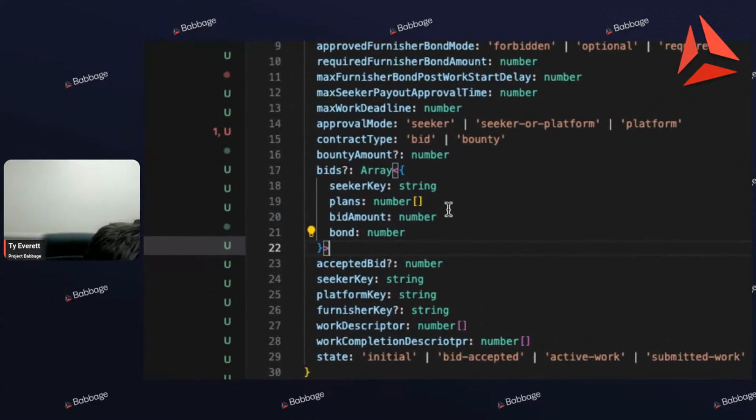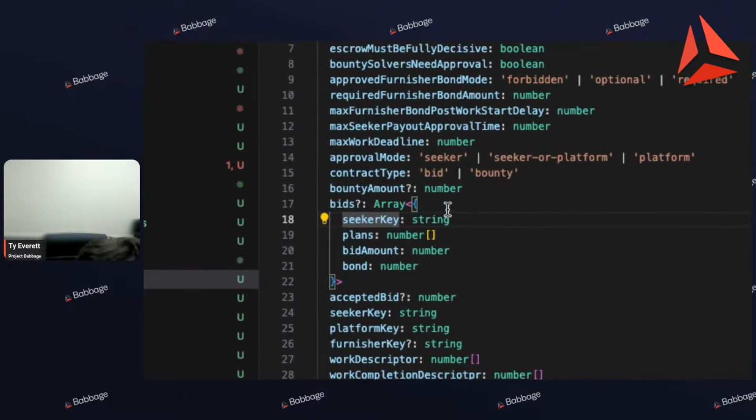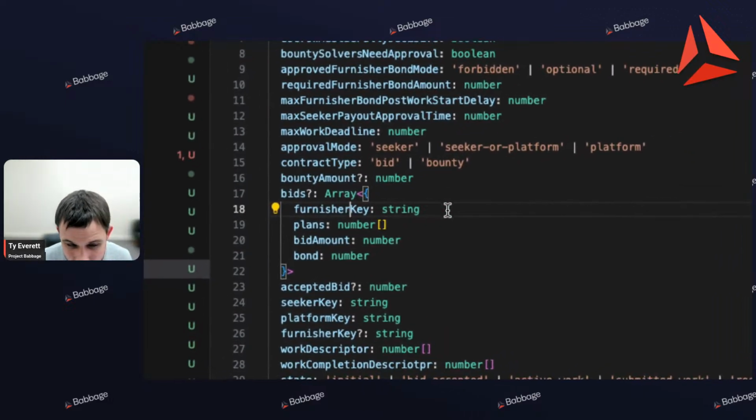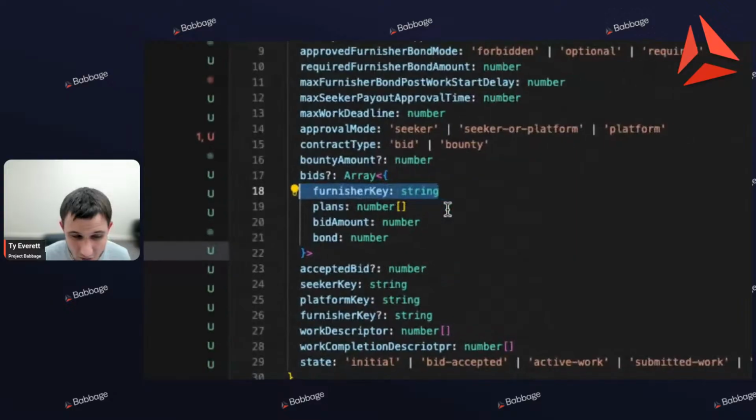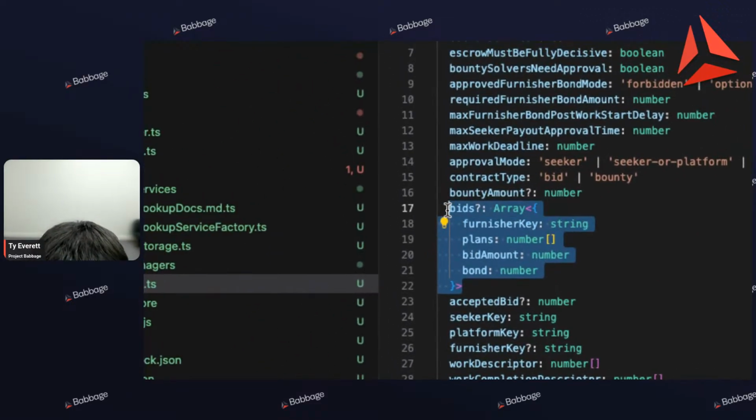This is the public key of the furnisher who would bid on the services to try to provide them.